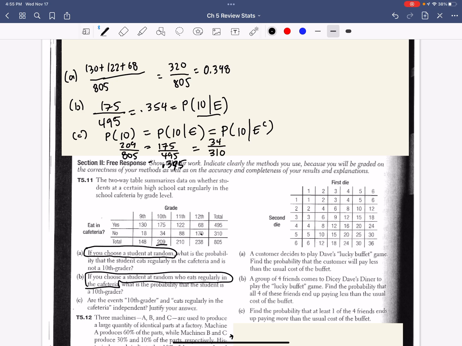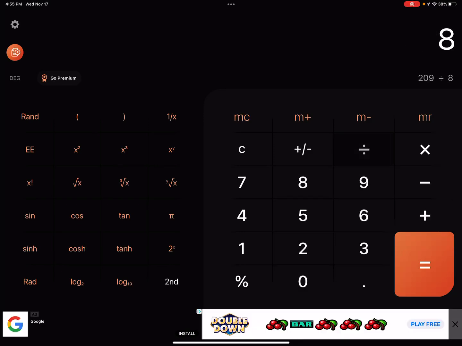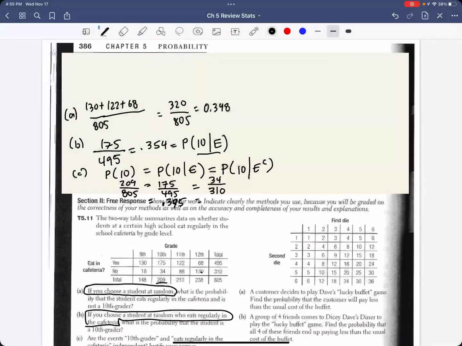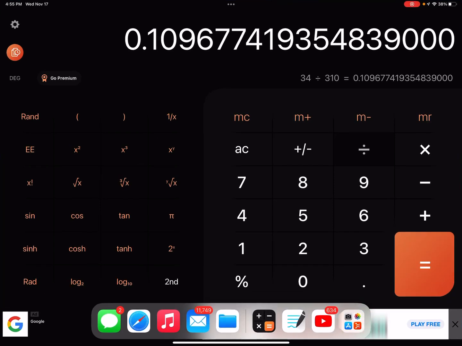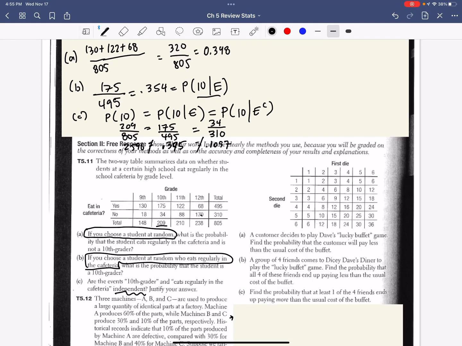Let's figure out what each of these decimals is and whether they are the same number. 209 over 805 is 0.2596. I already have that not equal to 34 divided by 310, which is 0.1097. Nope, not equal. So are these independent?